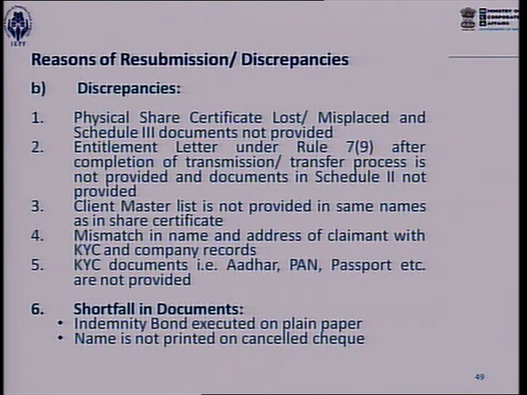There is a mismatch in name and address of the claimant, or KYC documents are not provided. There may be a shortfall in documents, that is, the indemnity bond is executed on plain paper, or the name is not printed on the cancelled cheque leaf, which is to be scanned and attached with the form.